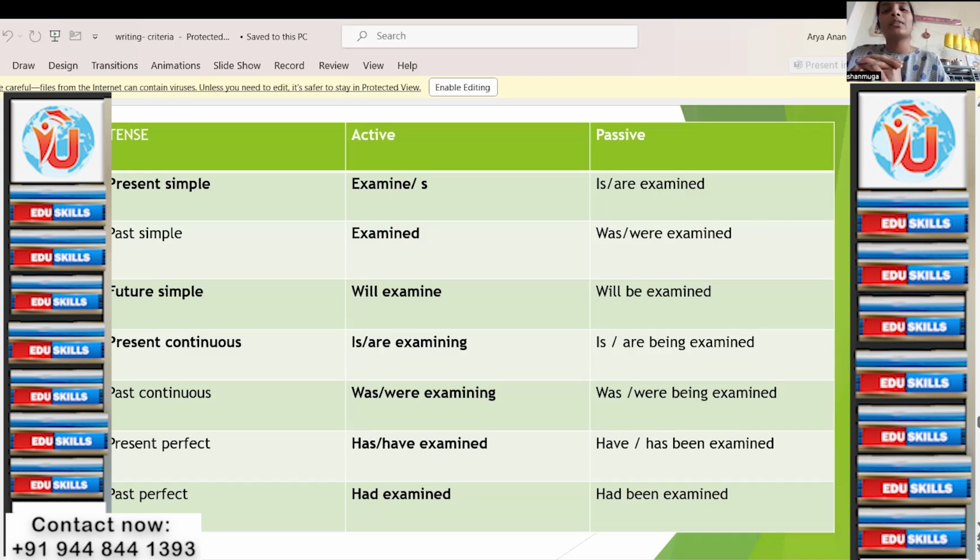And past perfect tense, "had examined"; here you can see "had been examined." In this case, we are not focusing on who is doing the examination. We focus on whether the patient is examined or not. That is the most important thing in passive voice. We are not focusing on the subject, the person who is doing the care.